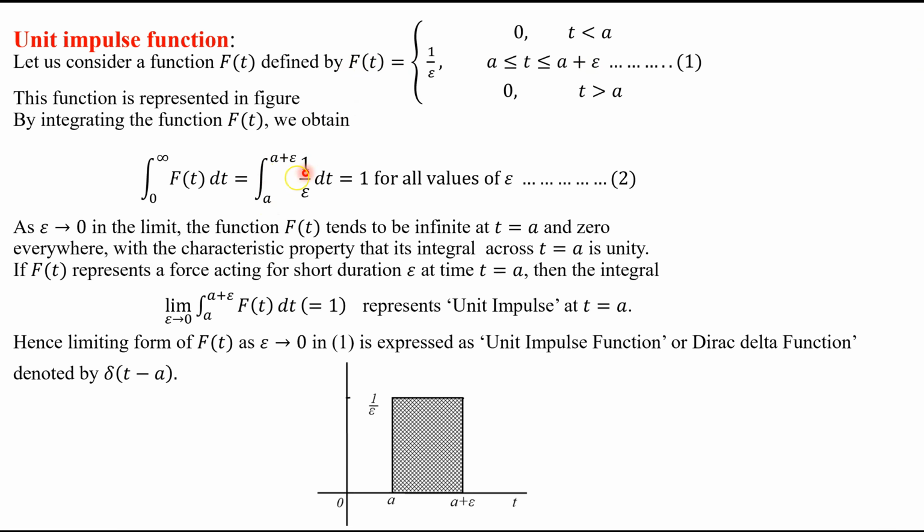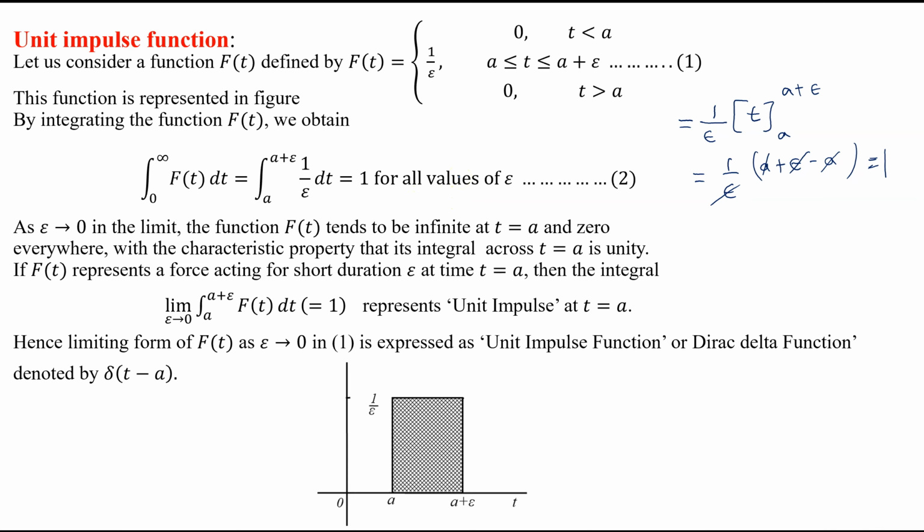Applying limits, we get 1 upon epsilon into a plus epsilon minus a. So a gets cancelled, epsilon gets cancelled. This gives 1, for all values of epsilon.